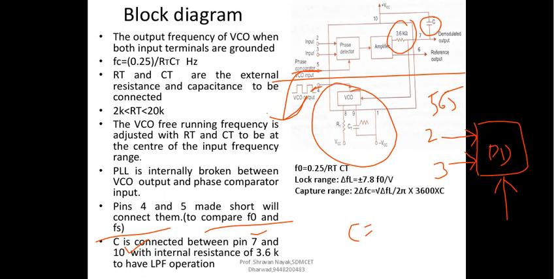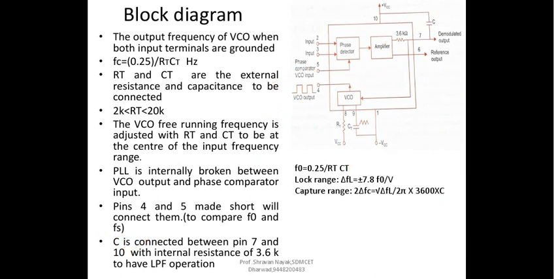This capacitor and the resistance R and C form the low pass filter here. In this way we have the complete operation of the PLL IC 565 in order to realize the very basic purpose for which PLLs are deployed. Now let us look at the other expressions here.